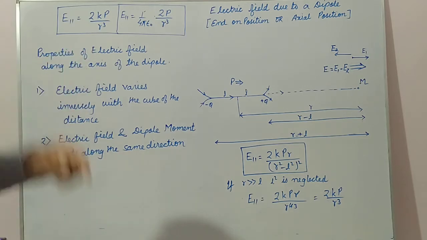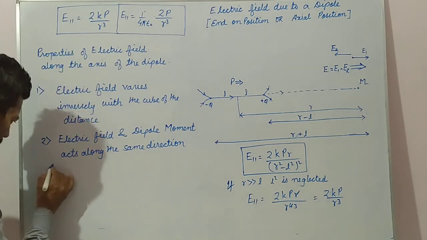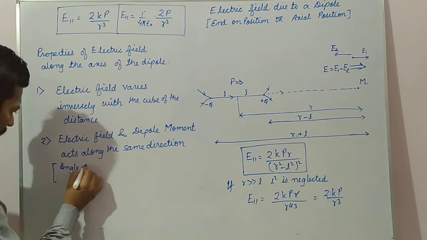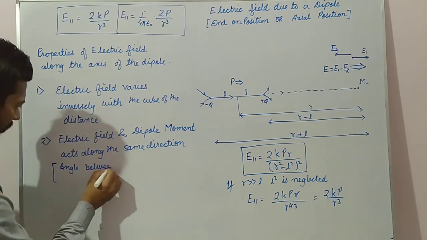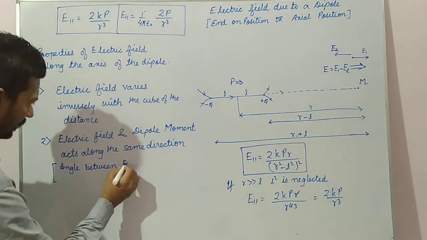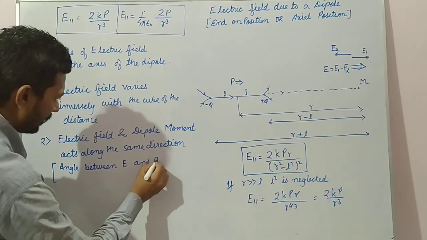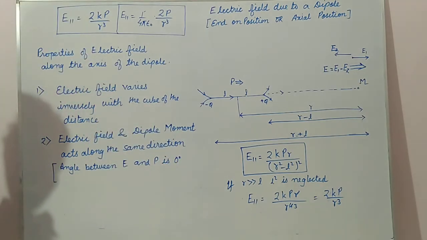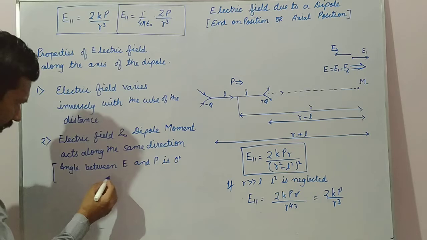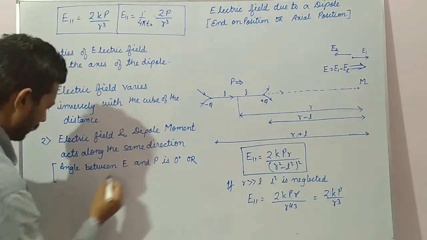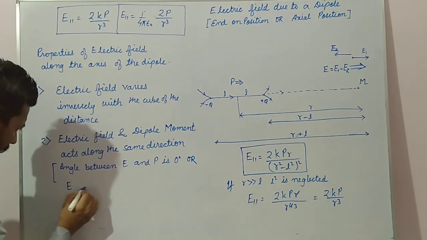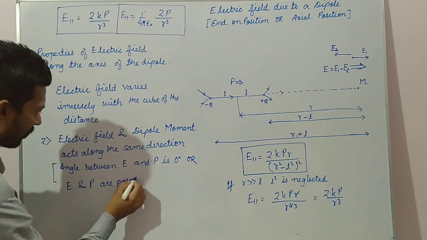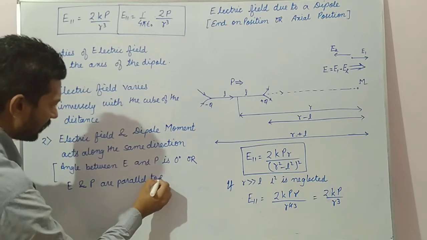Therefore, as they are in the same direction, the angle between electric field E and dipole moment P is 0 degree. Or we can also conclude that electric field and dipole moment are parallel to each other.